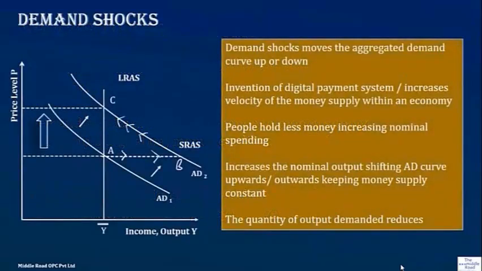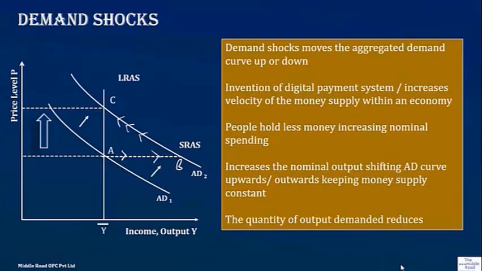Now we look at the demand shock. I talked about digital payments, which is a very good invention in recent times, more akin to the credit card. The invention of the digital payment system has increased the velocity of money. Increasing the velocity of money within an economy increases the nominal output if I keep the money supply constant. An increase in money spending leads to an increase in demand.